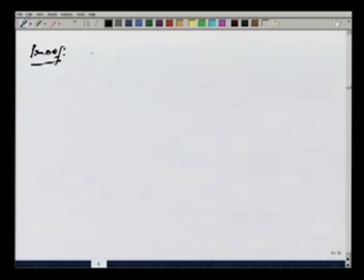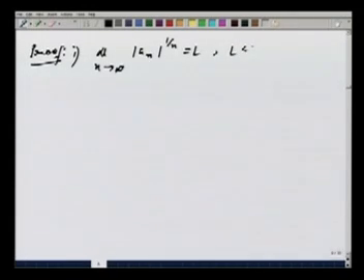What is given to me? It is given that limit n going to infinity of modulus of a_n to the power 1 by n is equal to L and L is less than 1. Choose epsilon again such that L plus epsilon is strictly less than 1.